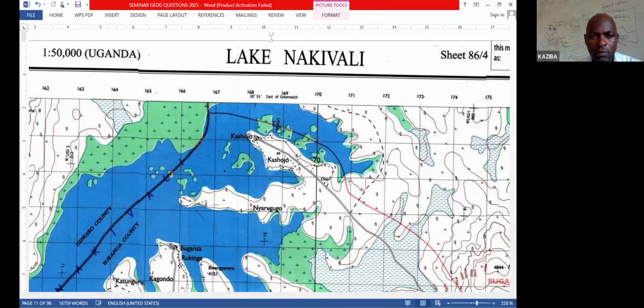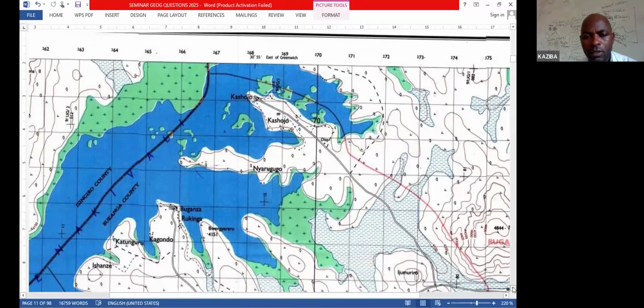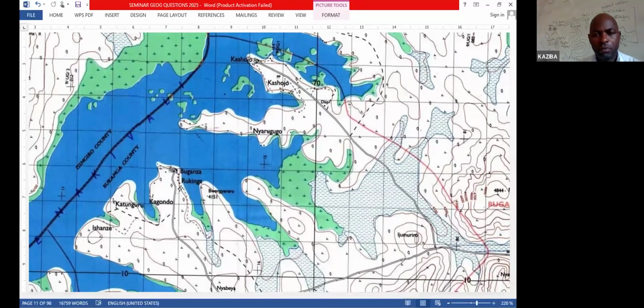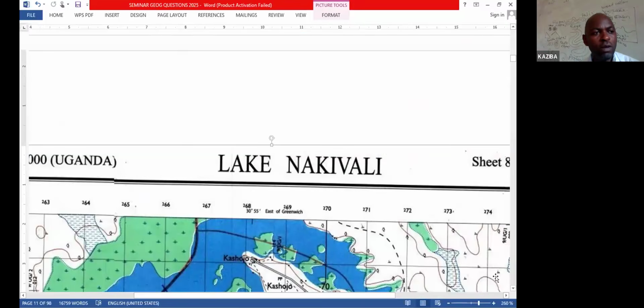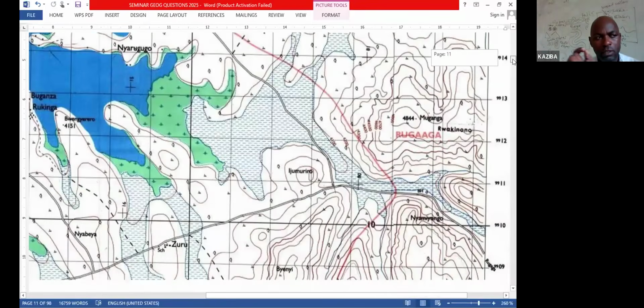Are you seeing? Can someone send me a message to tell me whether you're getting me? Then what about the seasonal swamps? The seasonal swamps are that blue water which is dotted like this.